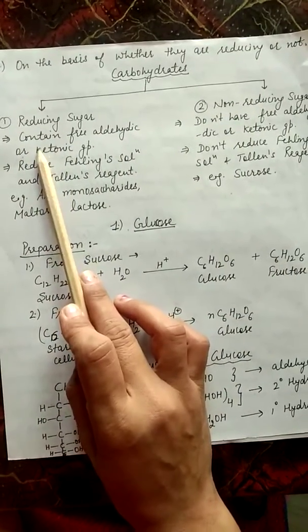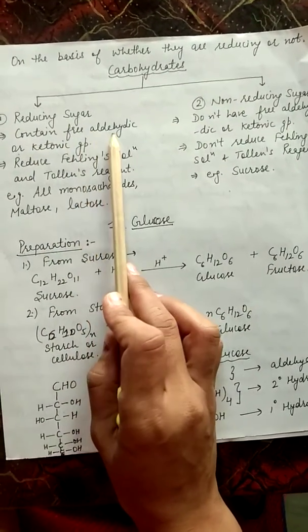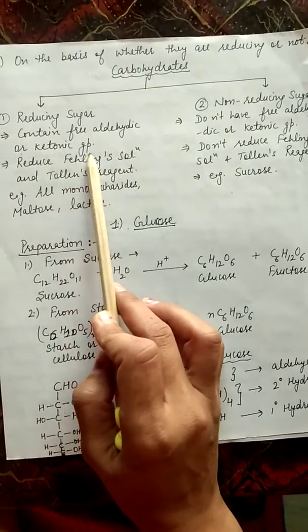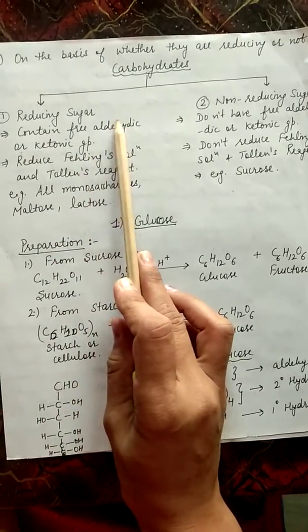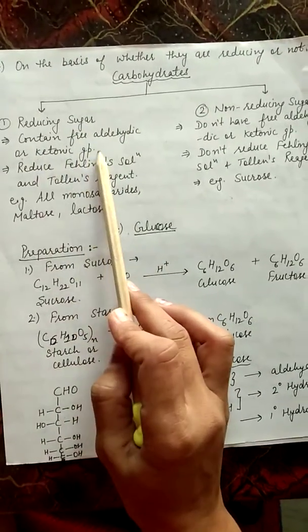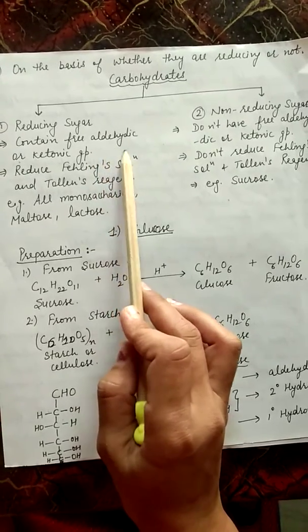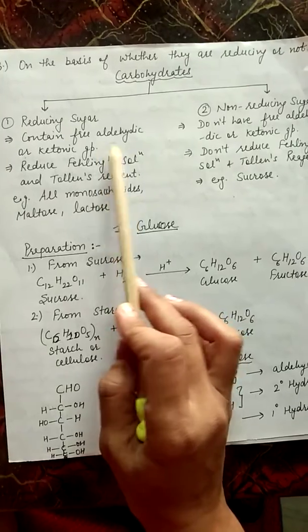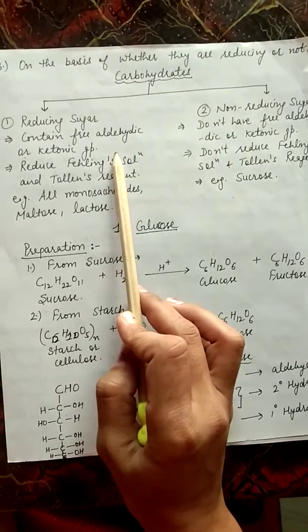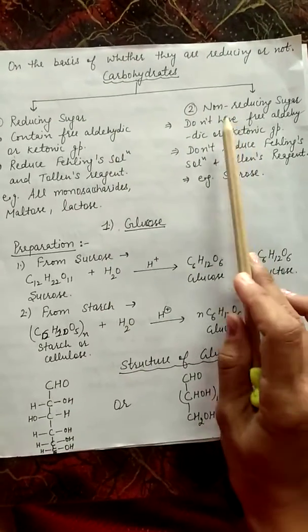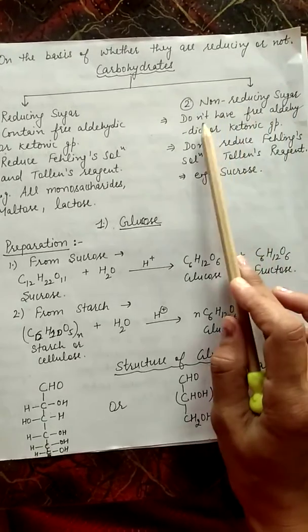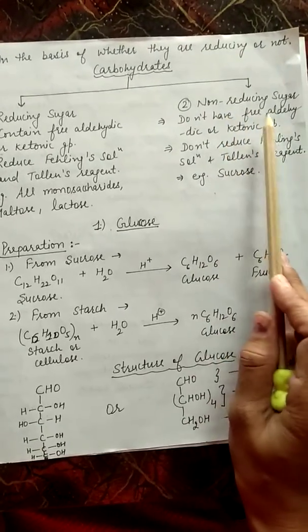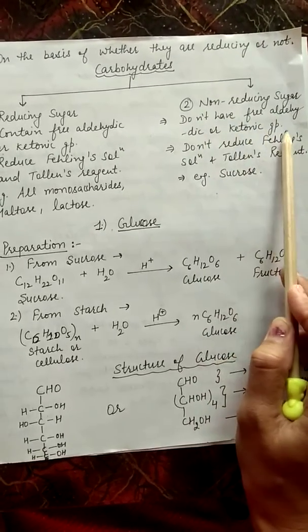Reducing sugar contains a free aldehydic or ketonic group. Aldehyde group is CHO, ketone group is C=O. Ketone groups are present in between the carbon chain. Non-reducing sugar doesn't contain any aldehyde or ketonic group.